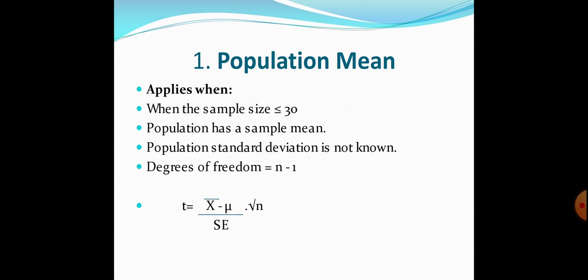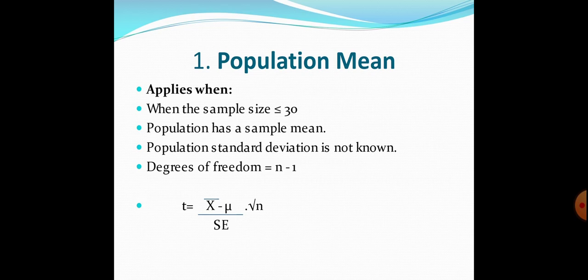Here the degree of freedom is always calculated as n-1, and the t value can be calculated as t = (x̄ - μ) / (S.E. × √n), where x̄ is the sample mean and μ stands for the population mean. So that is sample mean minus population mean divided by standard error into square root of n.